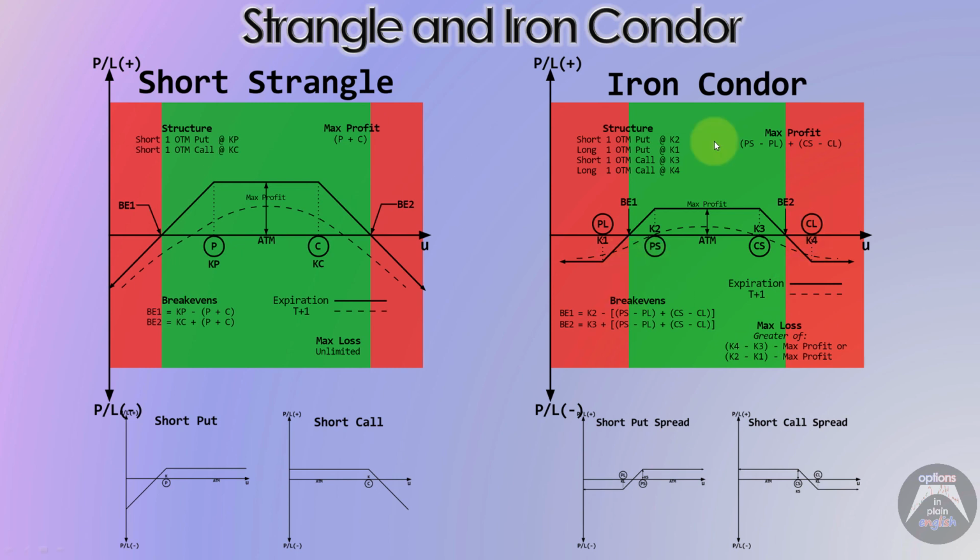So the max loss for the whole position is going to be the greater of K4 minus K3, so the width of this spread minus the credit received, or K2 minus K1, so this width minus the credit received.